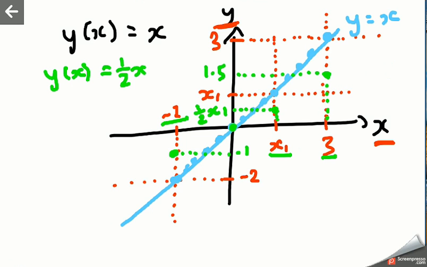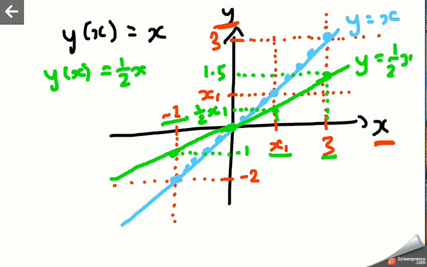So again, the more points you plot, the closer and closer you're going to get to this green line here, which should be straight. It's a little wonky. This is the line y equals 1/2 x. Remember there's a 1 here, even though I didn't write it in, because x is the same as 1 times x.